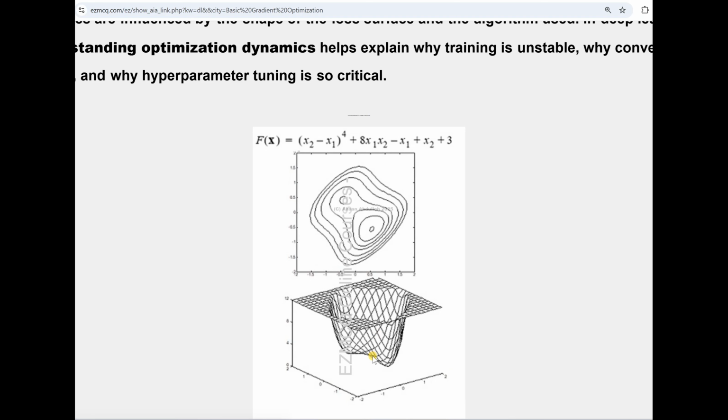So this is definitely not a convex figure, and it is not a smooth bowl kind of structure which we had seen before this Q&A.